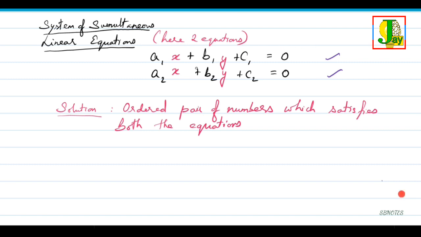But here we have two variables x and y, so we need two equations. The values of x and y that satisfy both equations form the ordered pair, the solution for the equations.